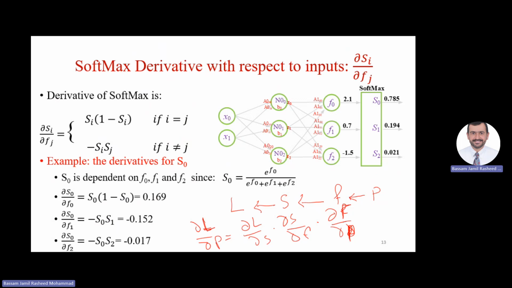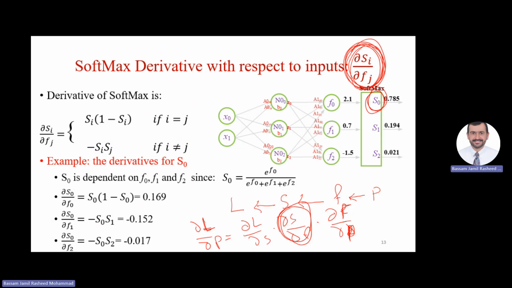So part of this equation, which is right here, delta S over delta F, it's in the middle here. So how do we compute this? By the way, we'll do a difficult or somewhat not straightforward expression, and then we will simplify it. Now if you look at this S0 here, well, it's dependent on what?